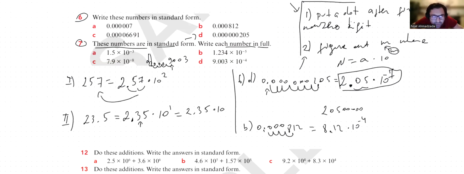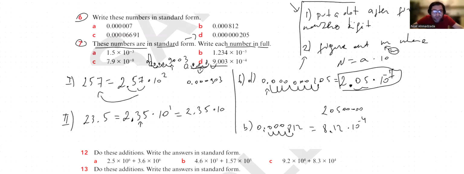Do I need any other 0? 1 step is here. No, that's it. I reached there, right? So the answer for this one will be 0.000903. Because I went 1 step to just 0 point this, but I had 2 more, 3, 4. So I will put my 0 here and I have zeros here. So I have 0 point 3 zeros and then the rest of it.